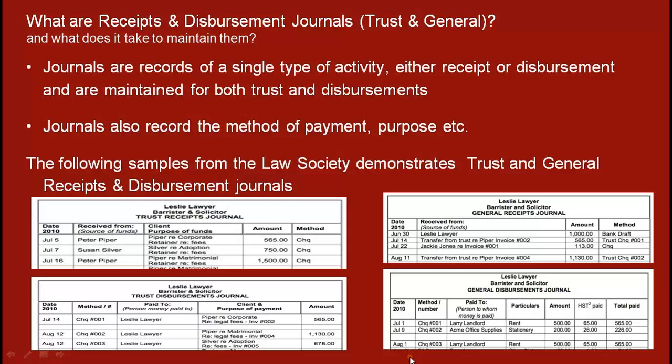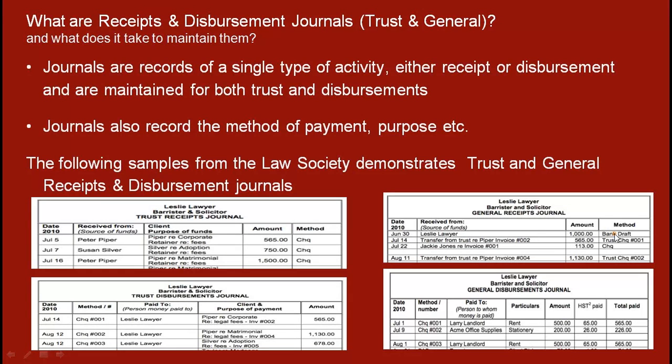Now let's move to the next two documents. We looked at the trust receipt journal and the trust disbursements journal. Now we're going to look at the general receipts journal and the general disbursements journal. So general receipts, same thing. The date, who did you receive it from, the amount and the method.